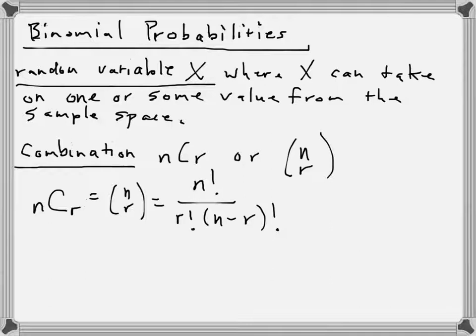A combination nCr, also written as n over r in parentheses without a division sign, is going to equal n factorial over r factorial times n minus r factorial. And I'm not going to spend a lot of time on combinations because they surprisingly don't show up very much.